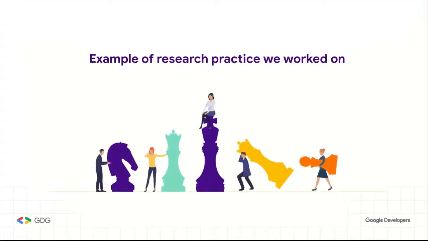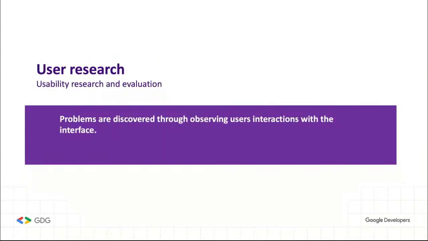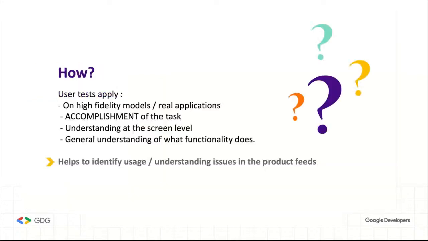Here we are going to show you an example of a research practice we worked on, so that you can understand how important user research is, and certainly quantitative and qualitative information. The user research we used here is usability research and evaluation. So we can find problems that are discovered through observing users' interaction with the interfaces.